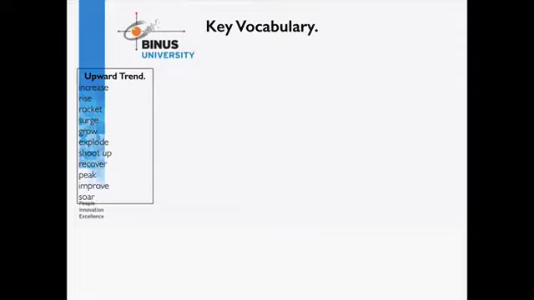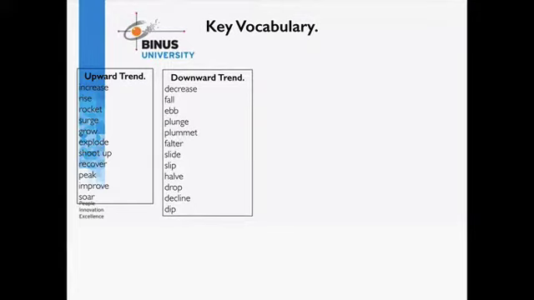Remember, of course, that vocabulary is important. One of the ways to get a high score is to use more interesting vocabulary to describe these trends. So this list is certainly not a closed list, but it will introduce you to some useful vocabulary. Don't just limit yourself to simple words like increase and fall. Okay, that's upward trends.